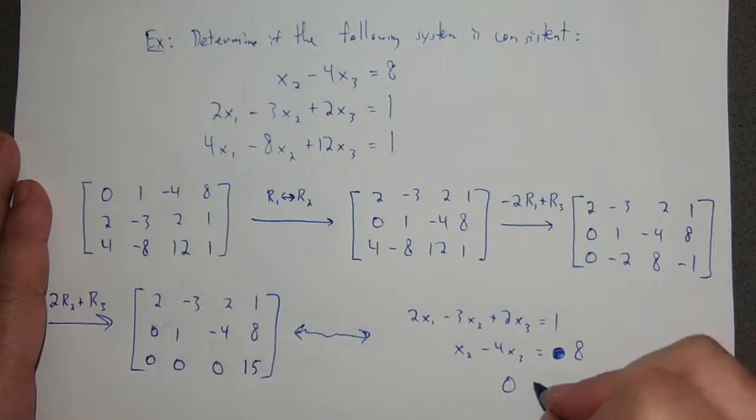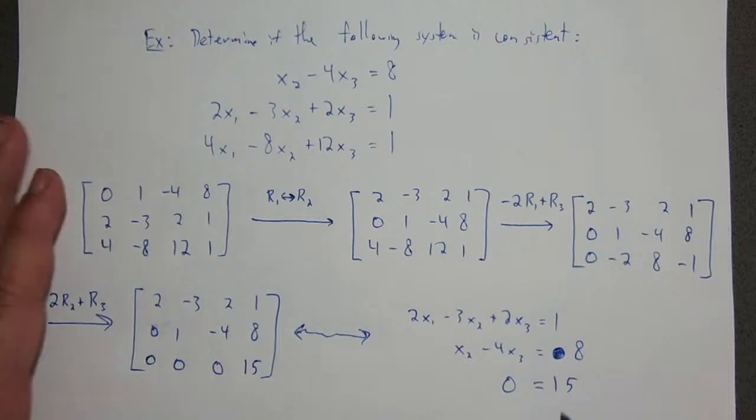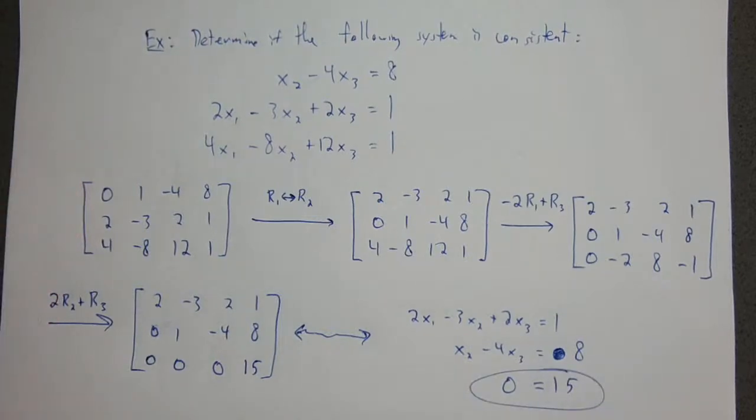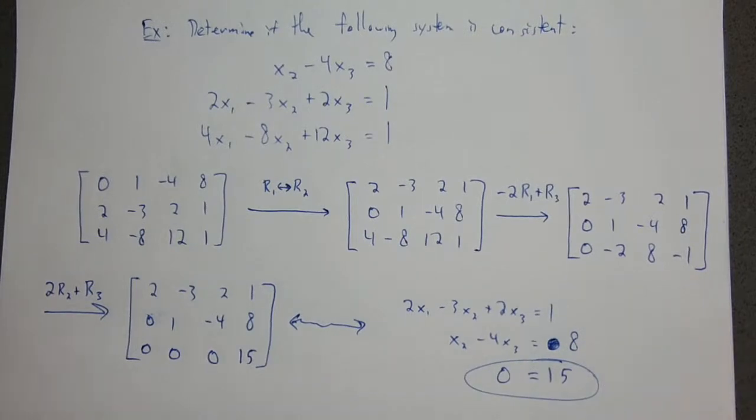So this is the equation 0 is equal to 15. But this is an issue, because notice this doesn't depend on any of the x sub i's. This doesn't depend on x sub 1, x sub 2, or x sub 3. 0 is never equal to 15. But we followed the rules here, so we didn't make any arithmetic mistakes.